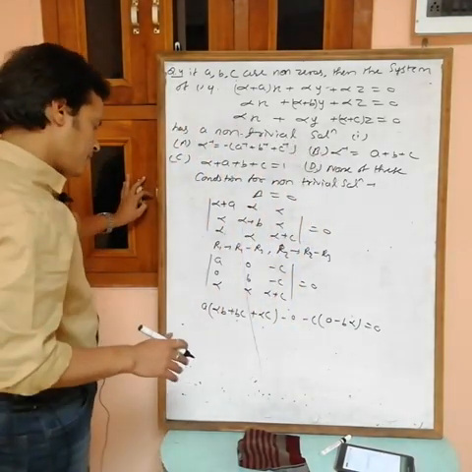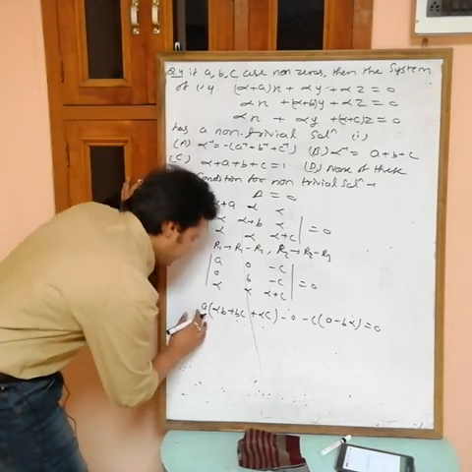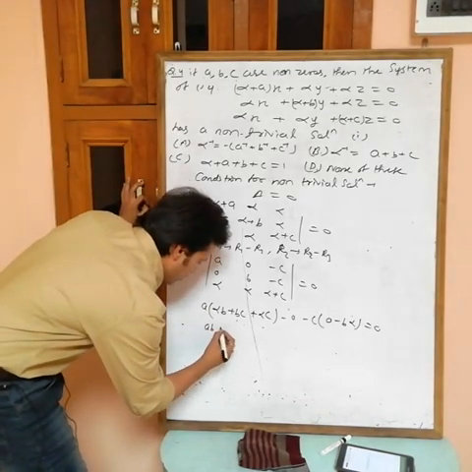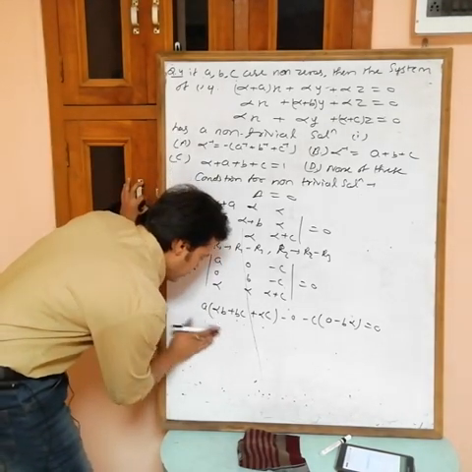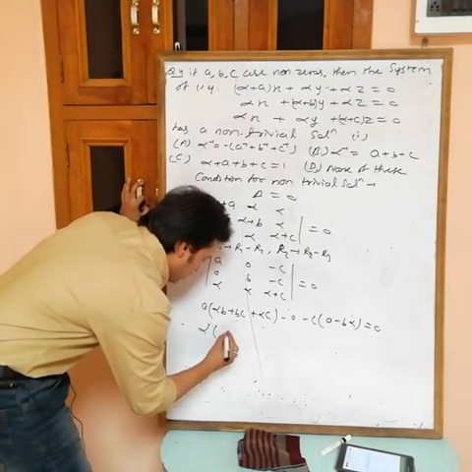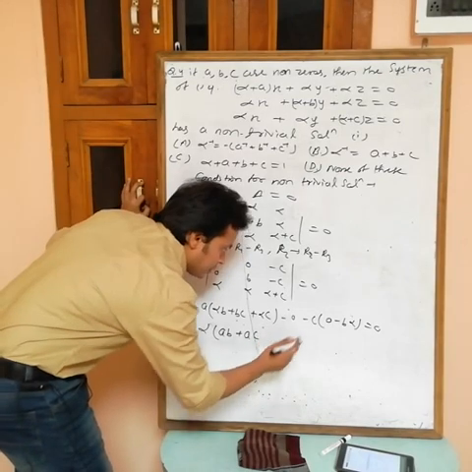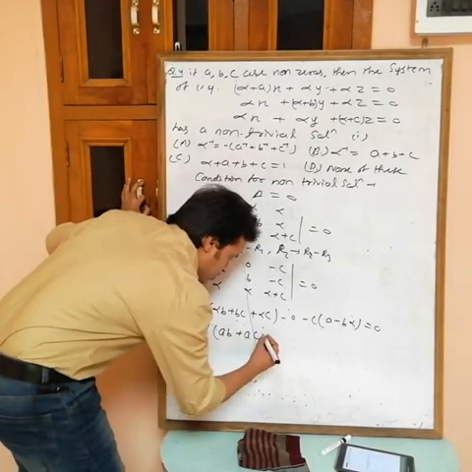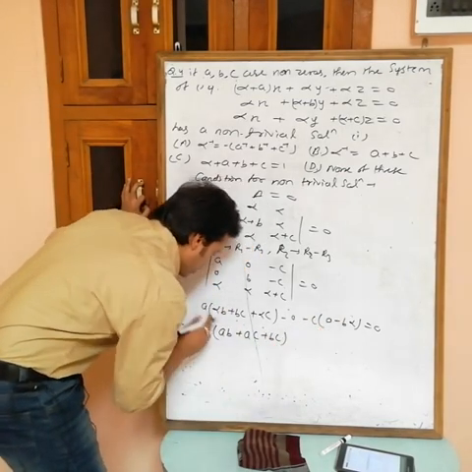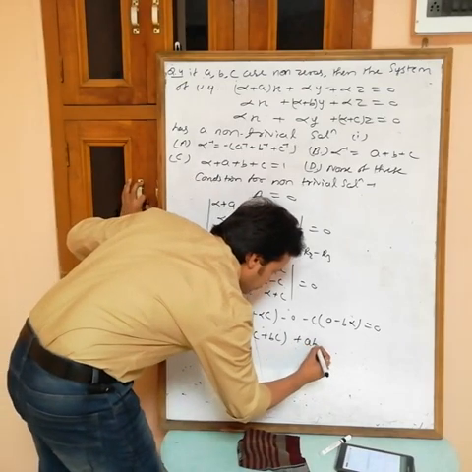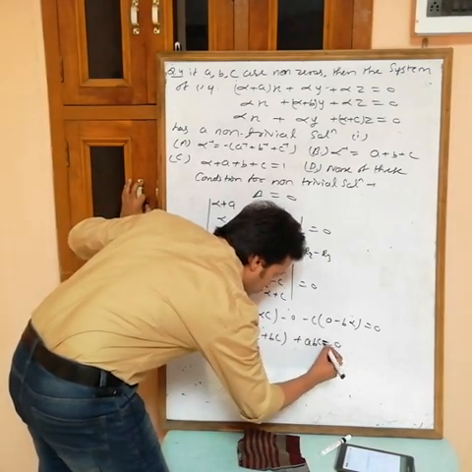Now simplify. I have some terms of alpha, so I am taking alpha common: alpha times AB plus AC plus BC, and plus ABC equals 0.